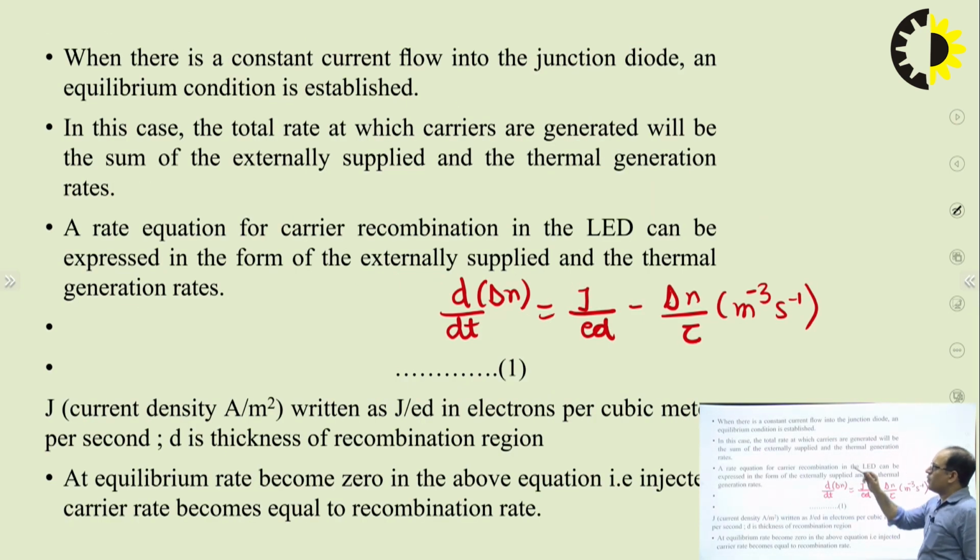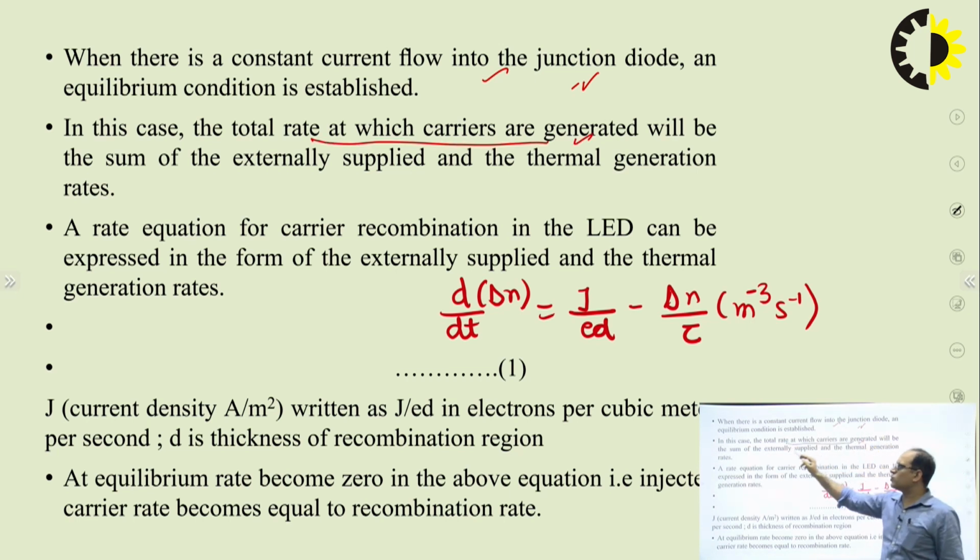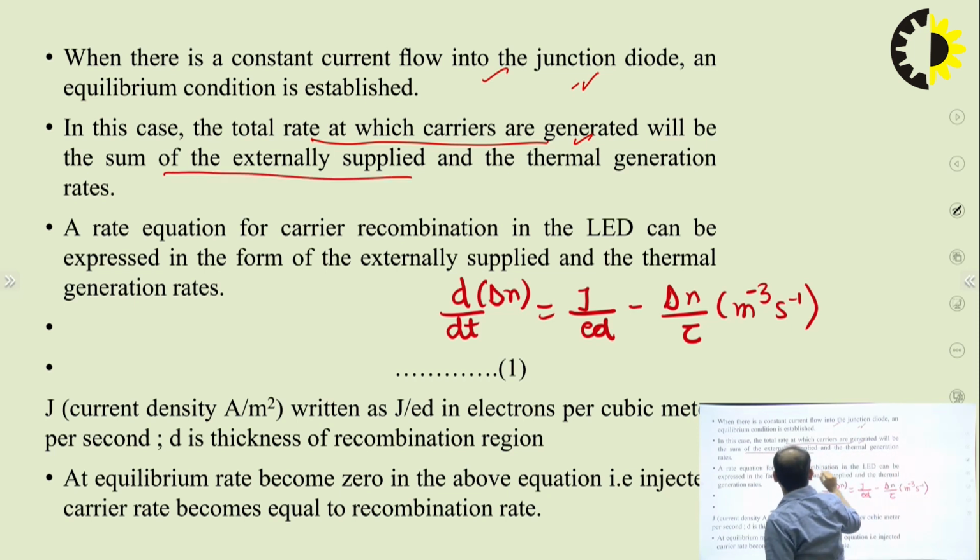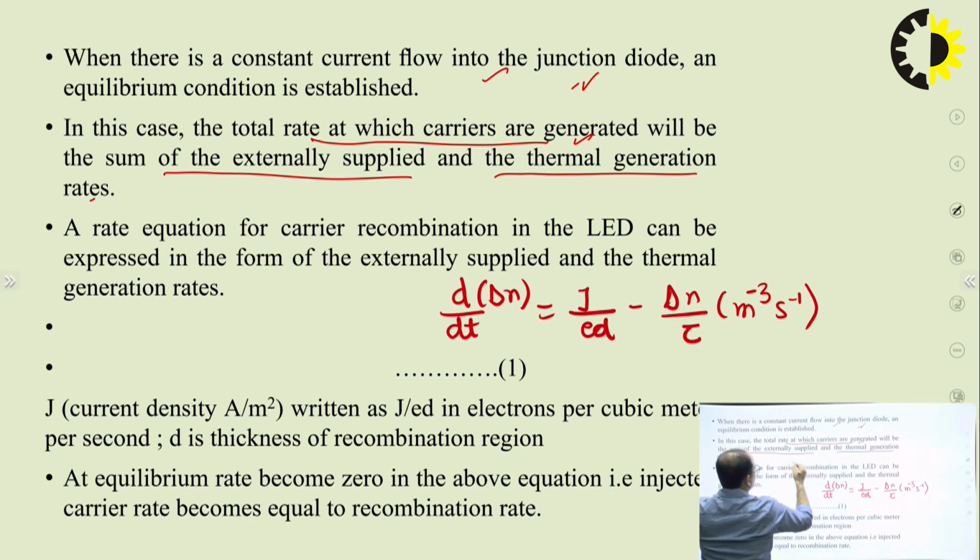Now see, when there is a constant current flow into the junction diode, the equilibrium condition will be maintained. So the total rate at which the carriers are generated will be equal to the sum of the externally supplied electrons and the thermal generation rate. Clear?